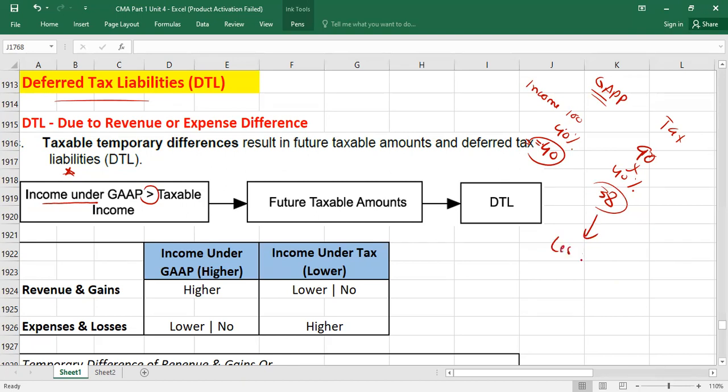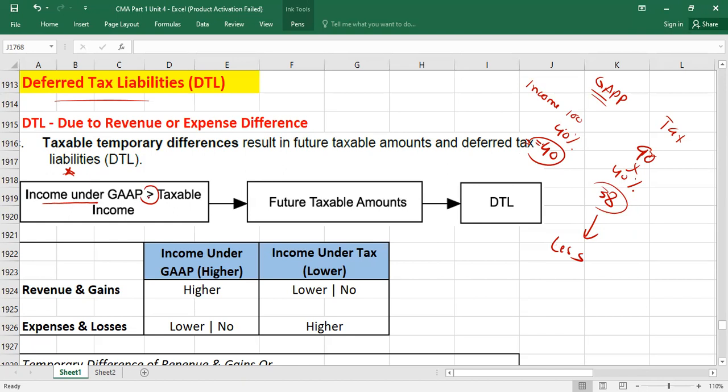Actually, you are paying less. If today you are paying less, tomorrow you would pay more. Make the connection. If tomorrow you would pay more, today it should be your liability or not? Because tomorrow you will pay more tax. It means today you have to book that liability.